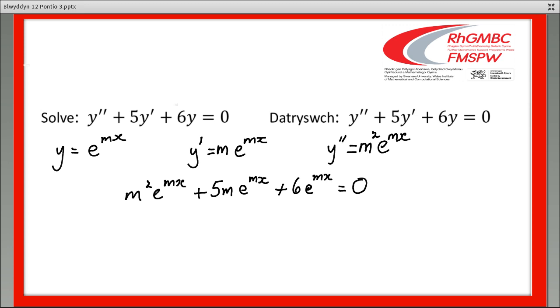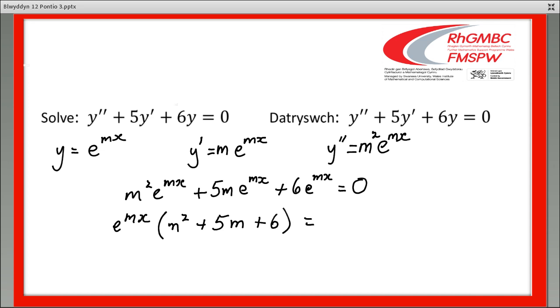I can take out the common factor of e to the power of mx, and I'm left then with m squared plus 5m plus 6, and that equals 0.